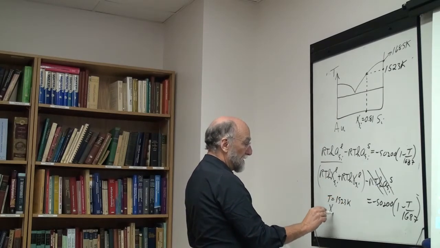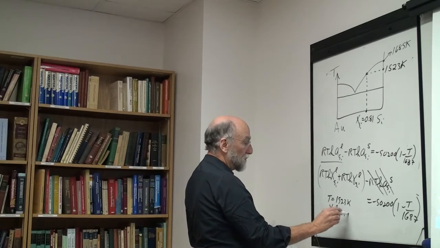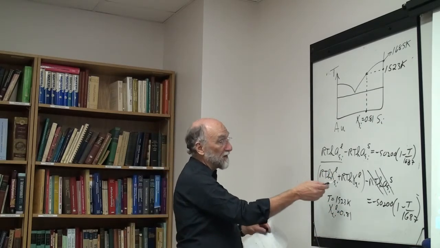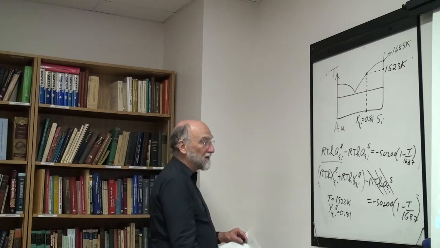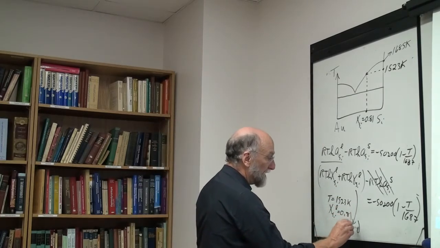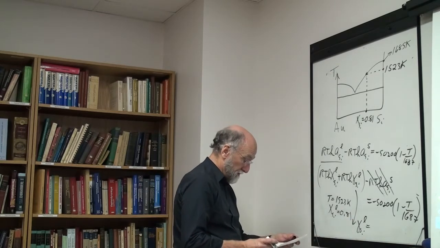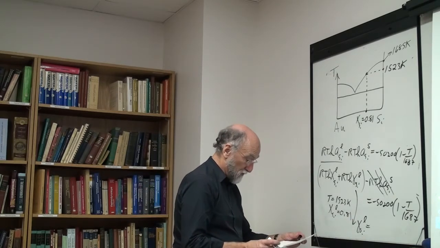Now if I take this equation and substitute in T equals 1523 Kelvin, and substitute in X silicon on the liquidus is 0.81, I can solve this equation. Now I've got the X and I've got the T, so I solve it and I end up with gamma silicon on the liquidus equals 0.95.